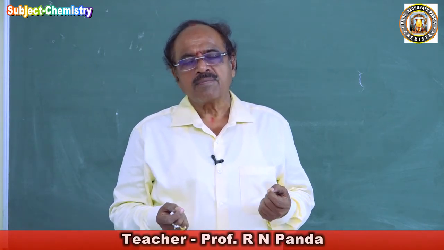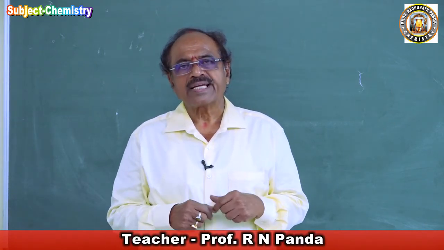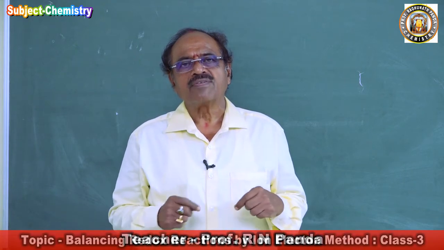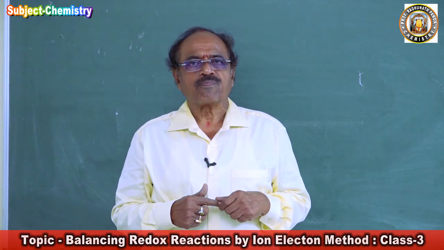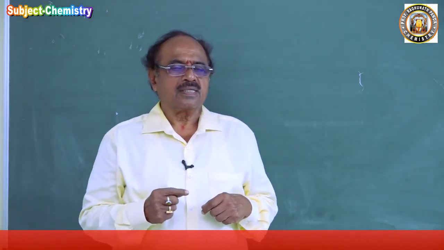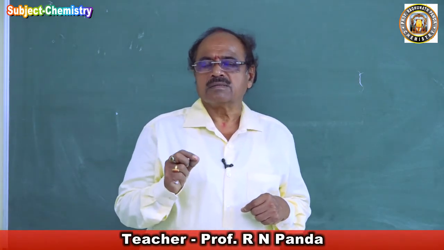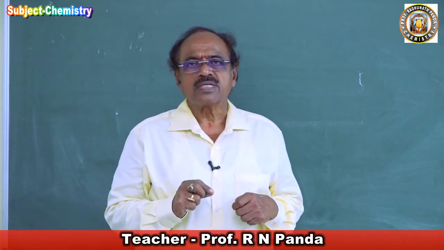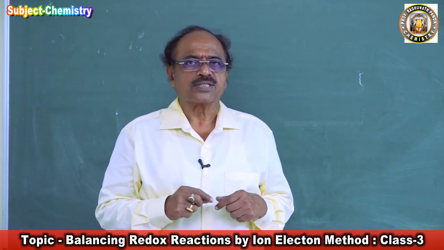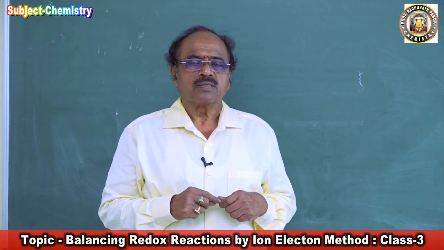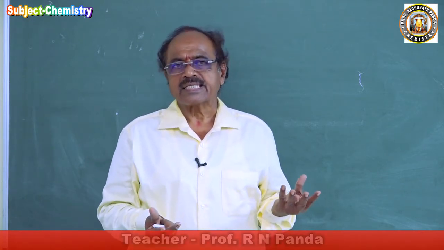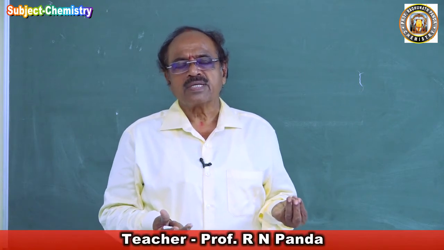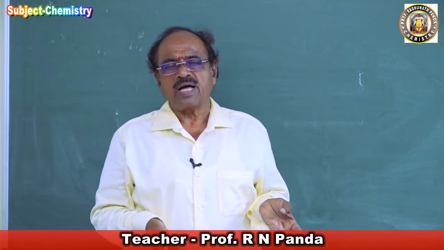Balance the atoms of the oxidation half reaction and reduction half reaction other than oxygen and hydrogen. Then balance the oxygen atoms by adding water molecules. By that, oxygen is balanced but hydrogen increases. So balance the hydrogen atoms by adding hydrogen ions.